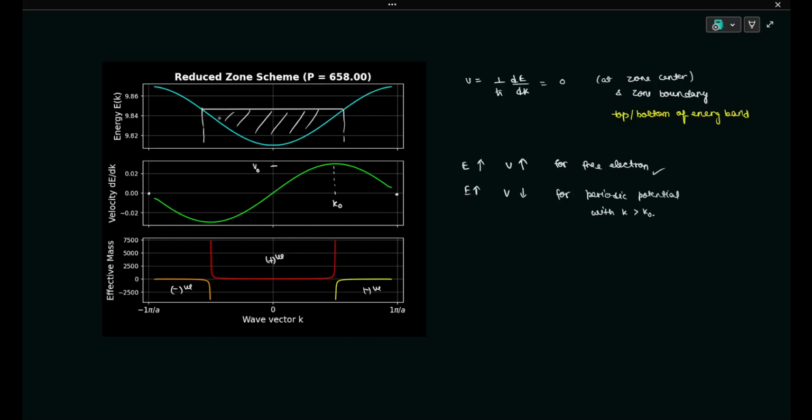Also, the effective mass in this lower region of the band is positive, while when the energy exceeds this particular inflection point, the effective mass also becomes negative. So this is a completely different thing happening in the case of the band picture.